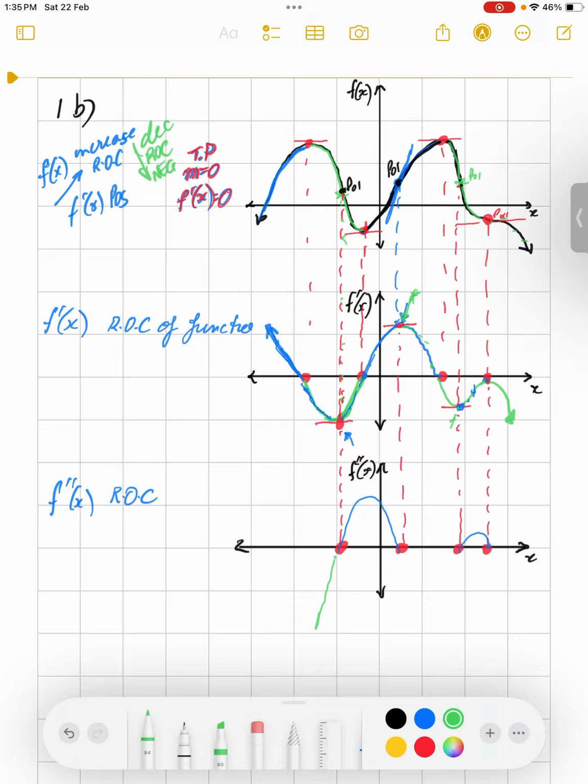It's going to be steepest at this point of inflection on the function. And then we're back to negative here.